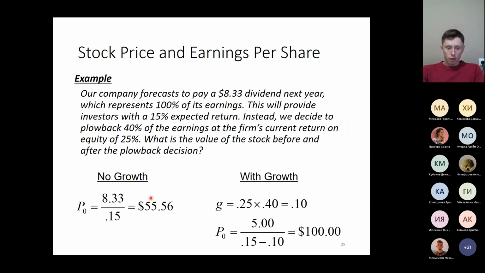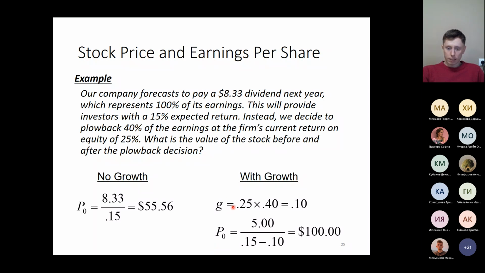If we pay all money out as a dividend, we just go with a simple perpetuity formula. If every period we take all the money out, there is no growth. That is why we would estimate it with a normal perpetuity. If we plow some money back into the business, we would generate some growth.